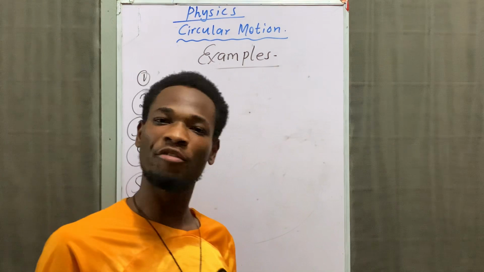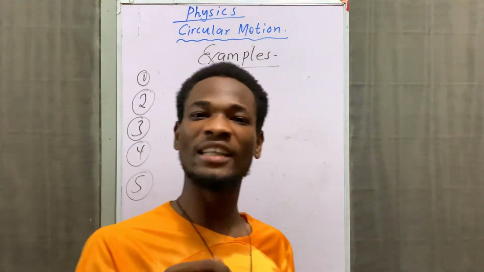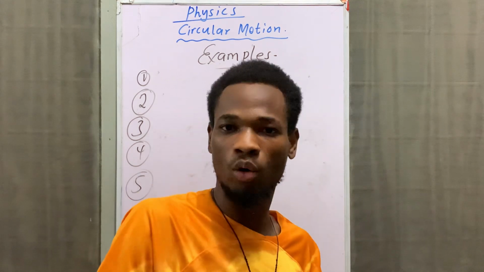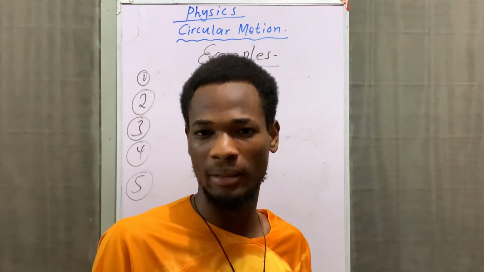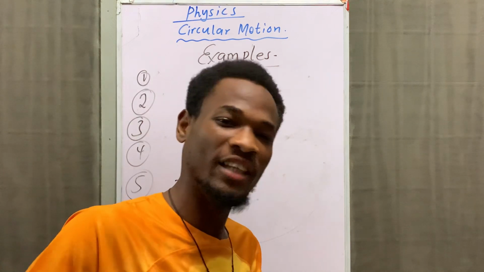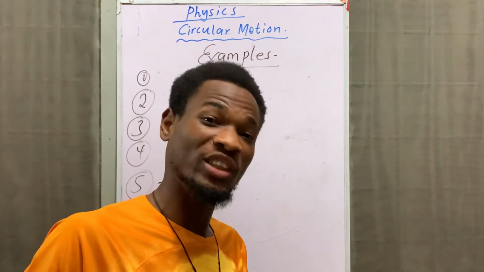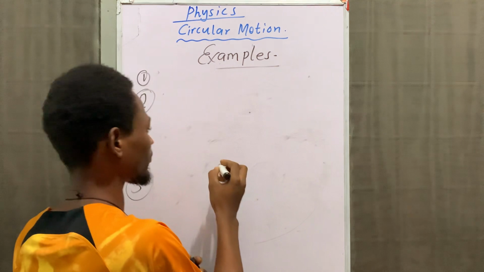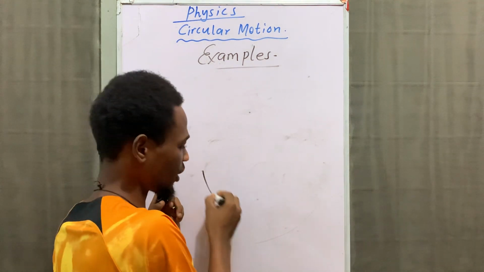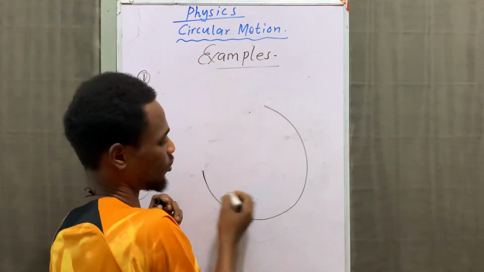Let's say the fifth one, let's say a cyclist taking a bend or negotiating a bend. So let's say a car negotiating a bend or negotiating a curve. So let's say you want to take a roundabout over here, or you want to bend over here.